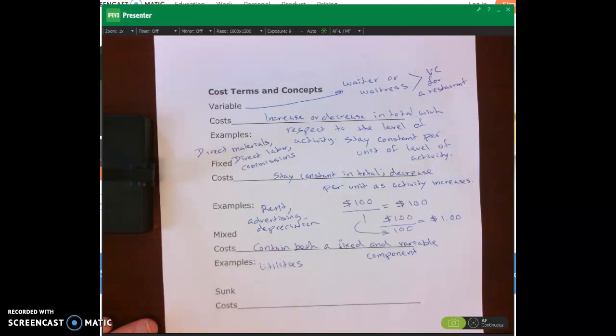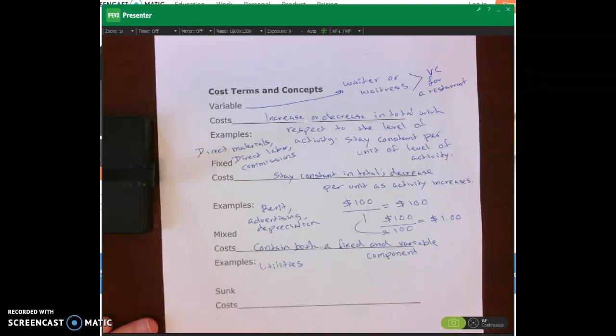But even at midnight, when there's nobody in there, there's still some basic or fixed level of utilities costs. So utilities has a fixed and variable component. And we will talk more about utilities in our chapter covering cost, volume, profit analysis.